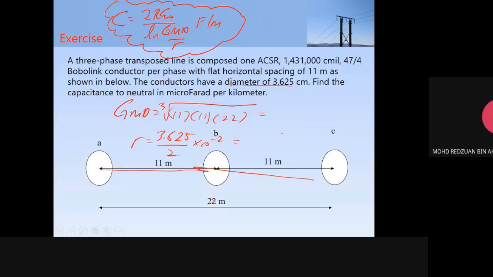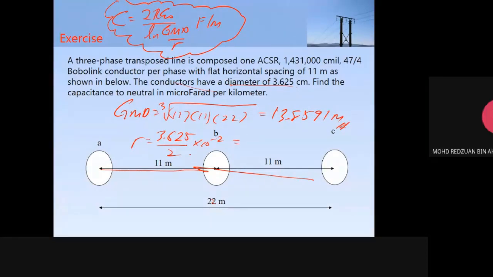Okay. So by knowing these two values, we can straightforwardly calculate the capacitance by knowing the value of GMD and R. In this case, GMD is equal to 13.858591 meters.